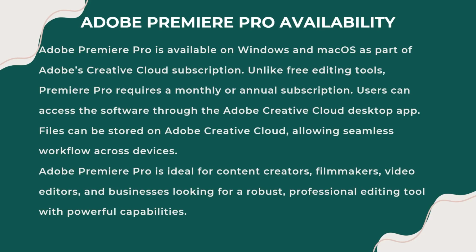Now we will talk about the Adobe Premiere Pro availability. So Adobe Premiere Pro is available on Windows and Mac as a part of Adobe's Creative Cloud subscription. Unlike free editing tools, Premiere Pro requires a monthly or an annual subscription. Users can access the software through Adobe's Creative Cloud desktop app.